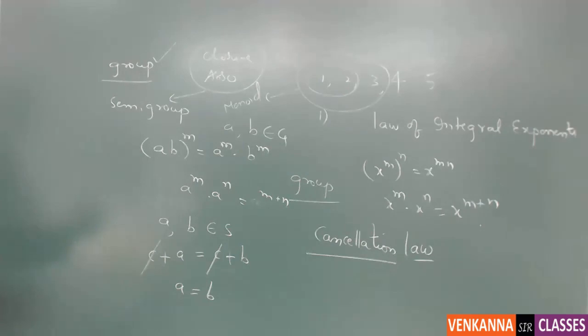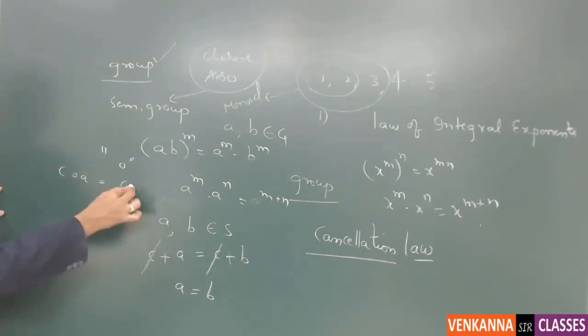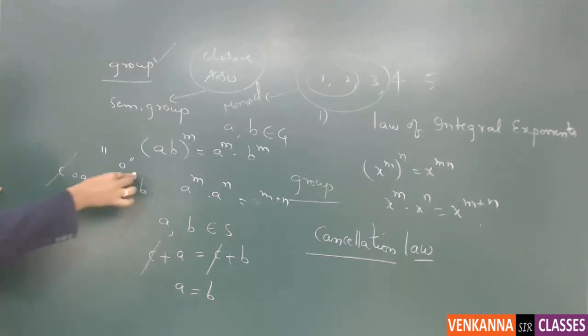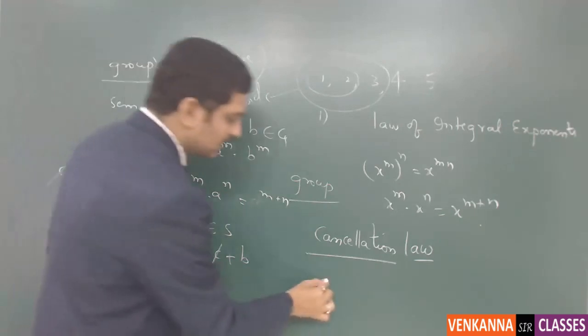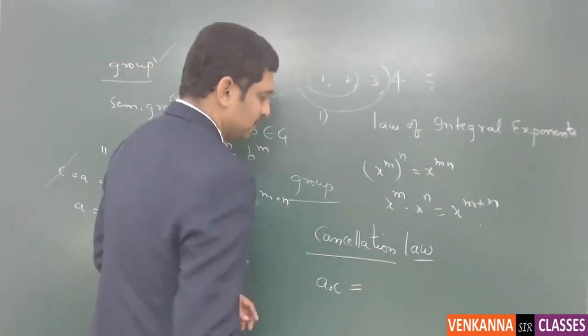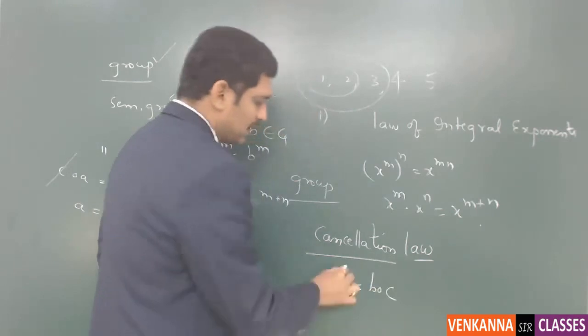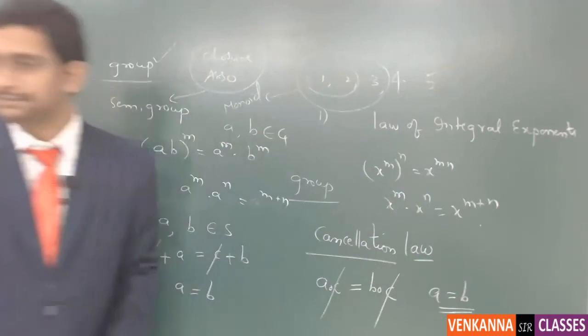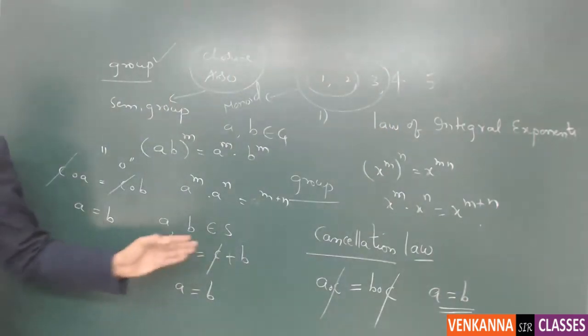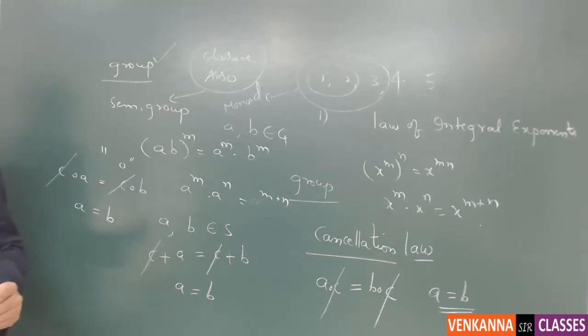Yes or no? Similarly, if you take any operation, say circle, so C circle A is equal to C circle B, cancelling C, we say that A is equal to B. So this type of property we call cancellation laws.